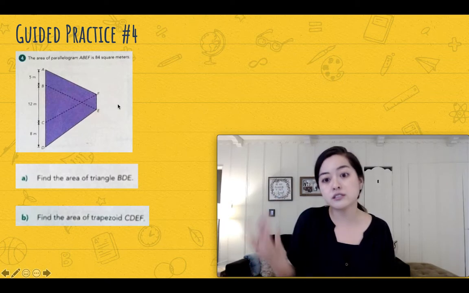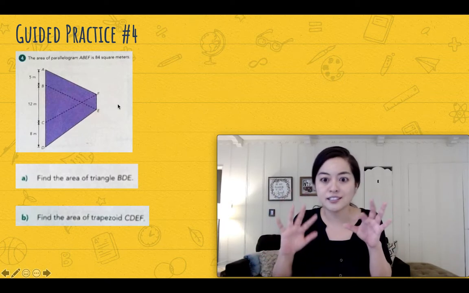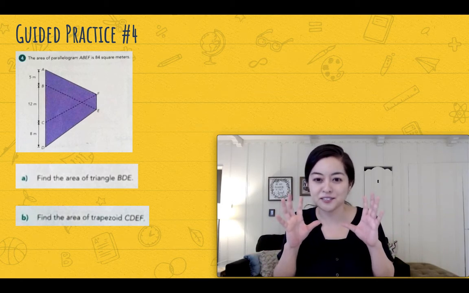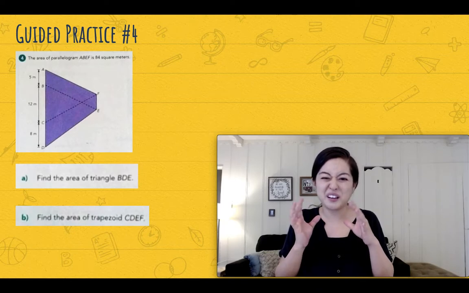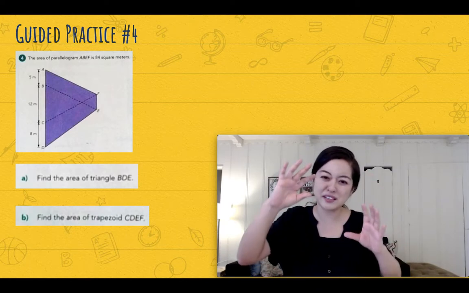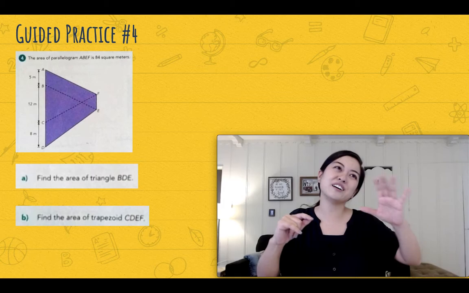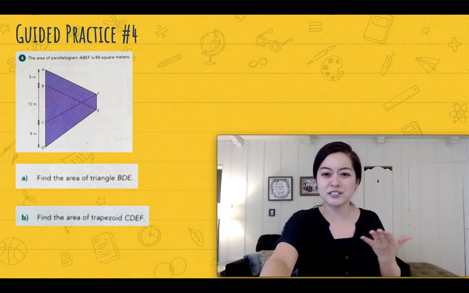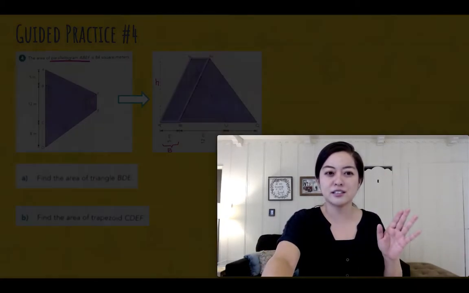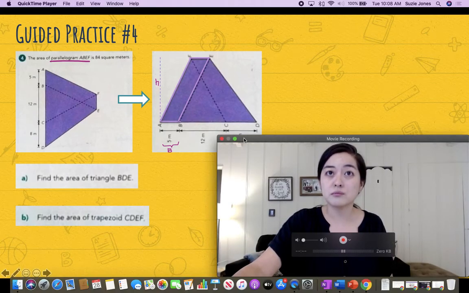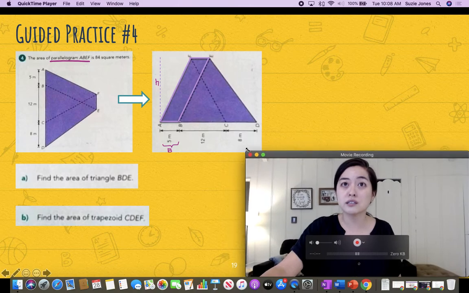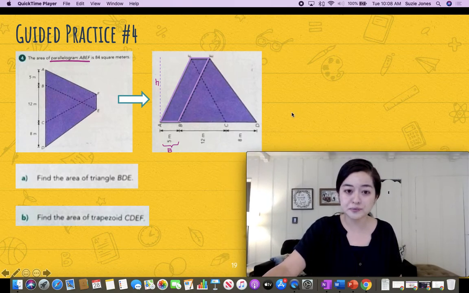But before we continue and dissect our understanding of this polygon, I want to transpose the image, because I think it'll be easier if I flip it. My video screen is a bit too big, so I'm going to make it smaller. Okay, there we go.